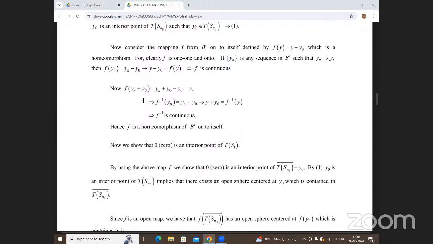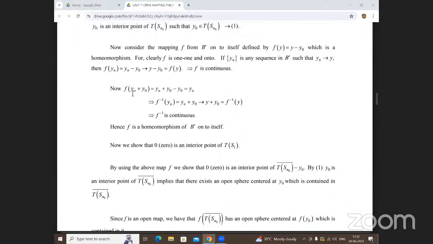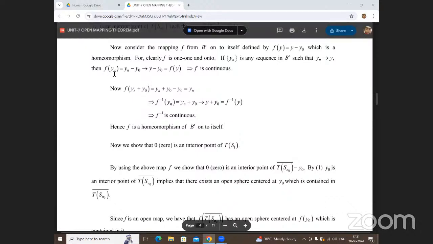In addition, taking Y0 as the primary interior point and Yn as the nth interior point, we add both, and it can also be written as Yn plus Y0 minus Y0. So F(Yn) equals F(Yn plus Y0). Replacing Yn by Yn plus Y0 minus Y0 in the above condition, we must write F(Yn plus Y0).